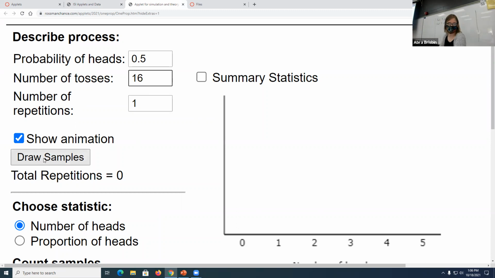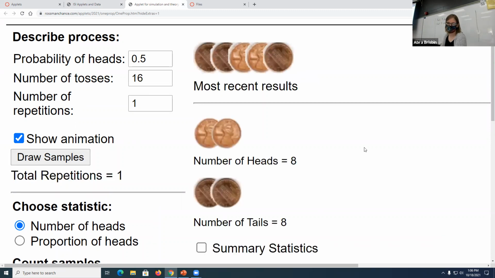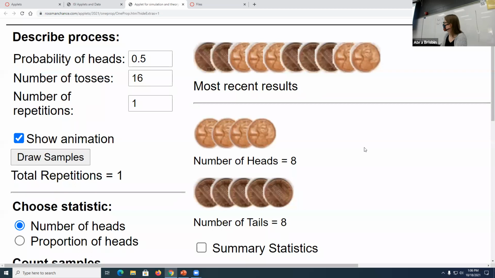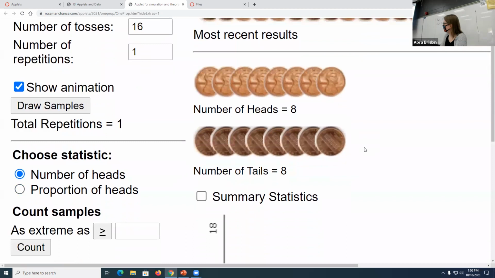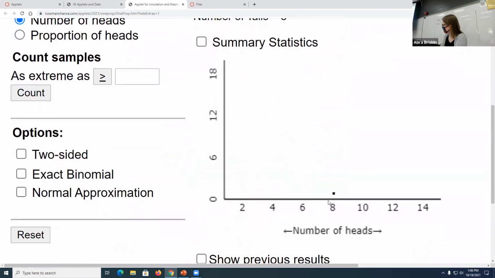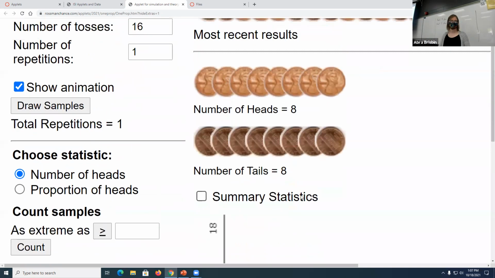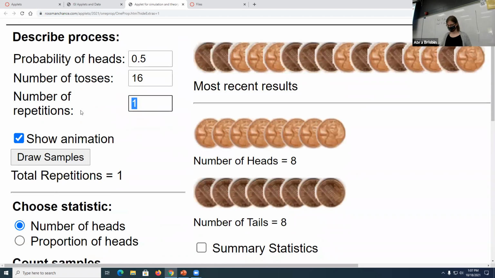For example, we could flip 16 coins and it'll flip them for us. In this case, we got 8 heads and 8 tails, so we can graph that down here. This will be a dot plot with one dot at 8. So we had one study where we had 8 successes. Buzz pressed the correct button 8 times. All right, we can do that 99 more times.